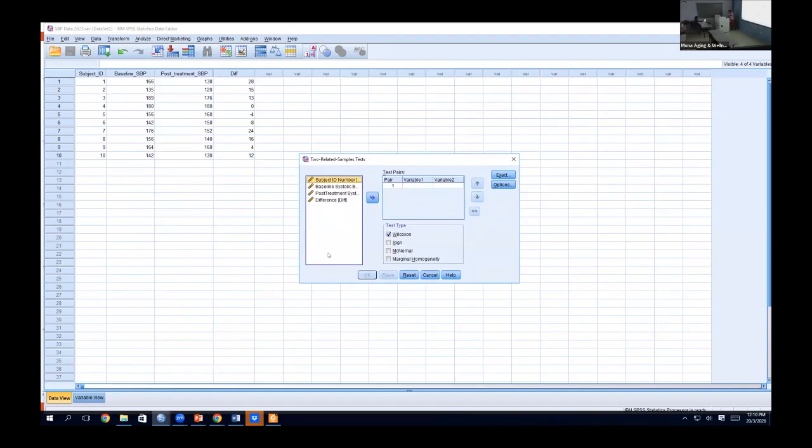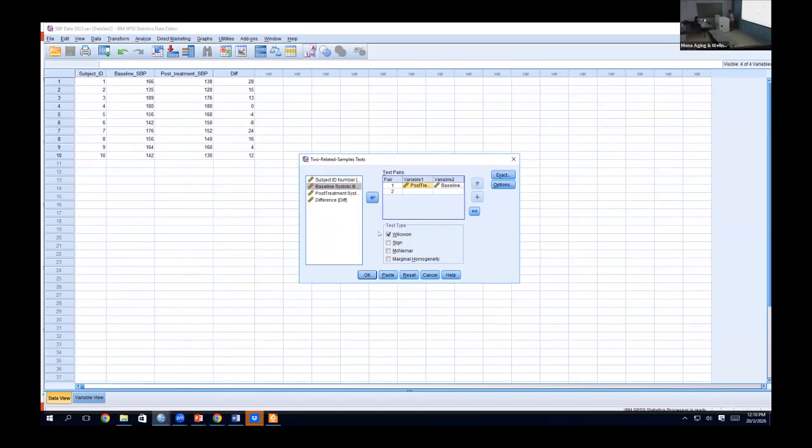The difference that we want is baseline minus post-treatment. I think SPSS does variable 2 minus variable 1. So if we want baseline as variable 2, then let's transfer post-treatment first and then baseline second. If you did it the other way, you can always use this double-headed arrow to switch them.